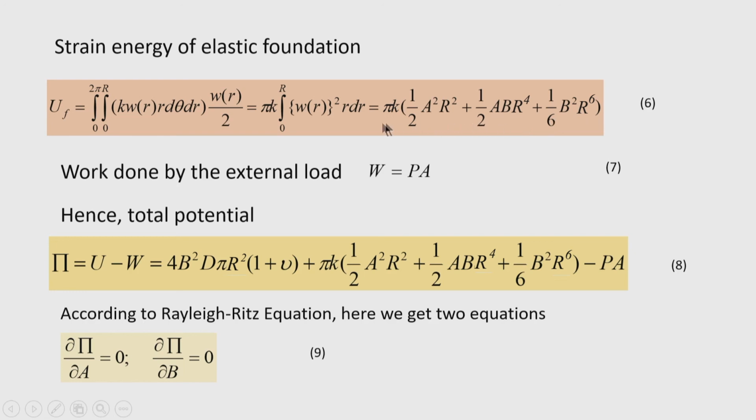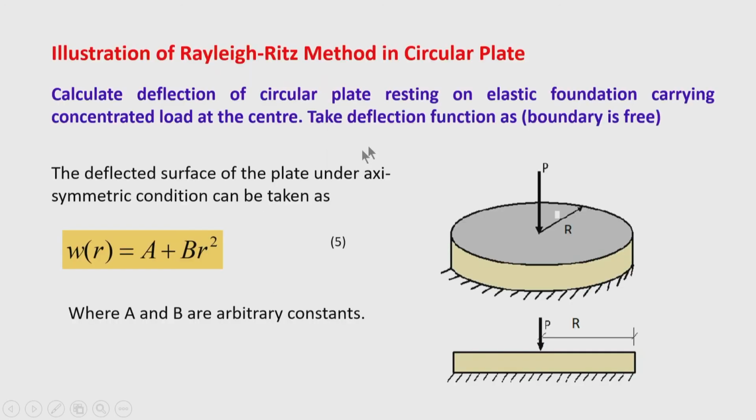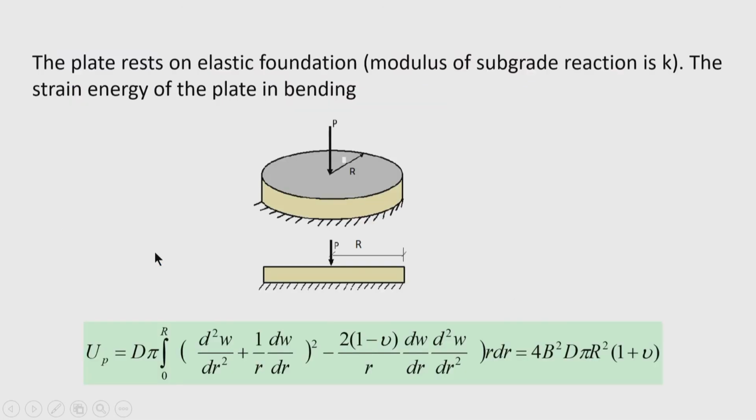Okay. So, here the strain energy expression U f will contain this a square term, a square r square, where a square is coming from the deflection surface, in which we have introduced one rigid body displacement, that is the constant a.